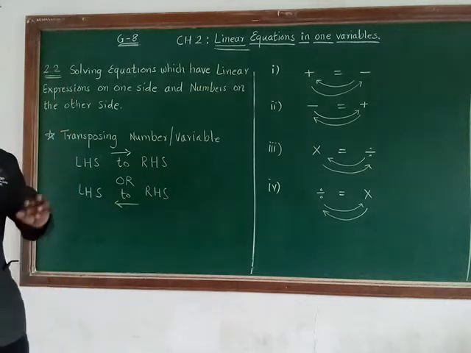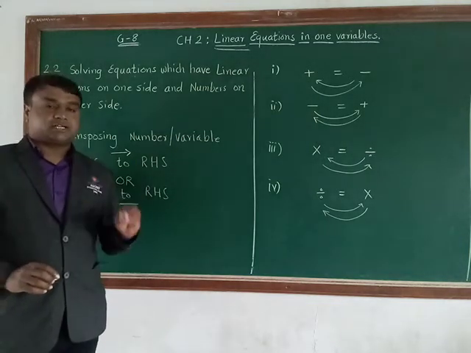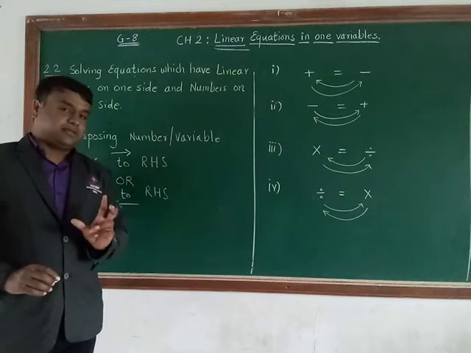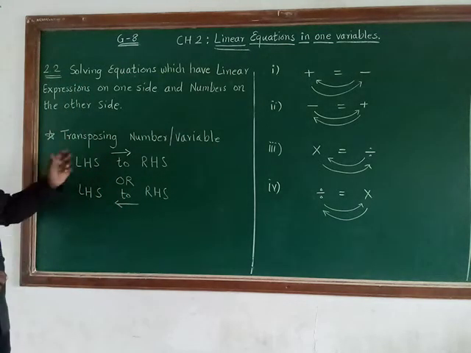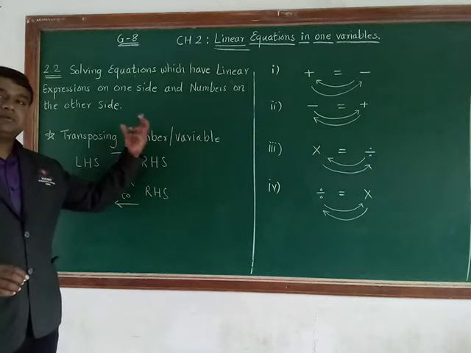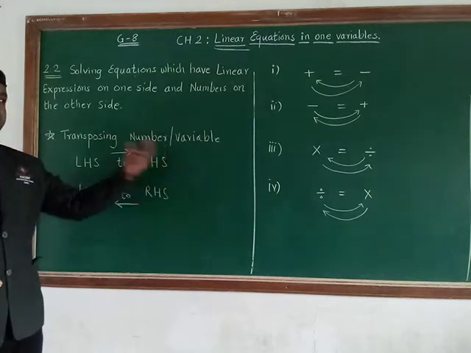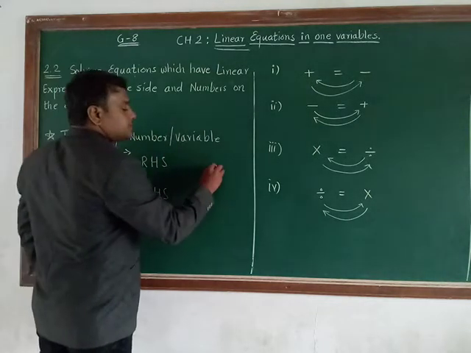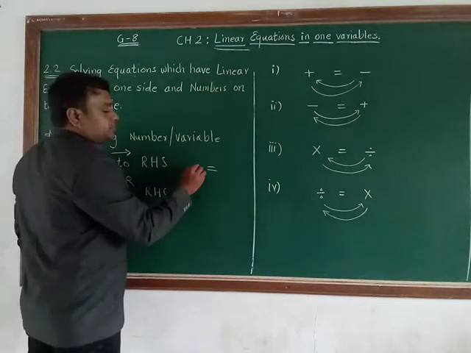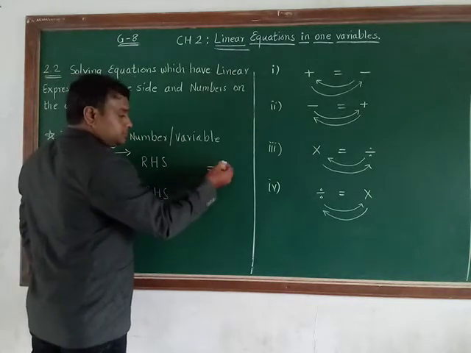But before solving the linear equation, we have to learn something. What do we have to learn? We have to transpose a number from one side to the other side. Whenever there is the equal sign, we have to transpose the number from this side to that side.